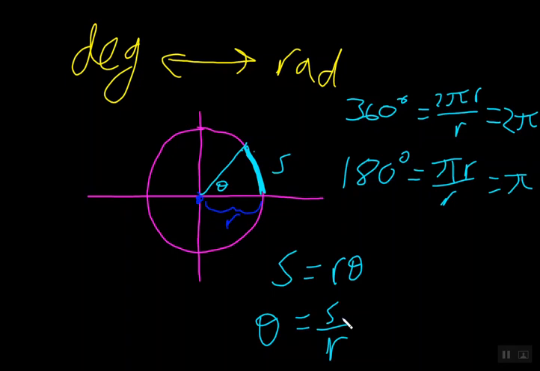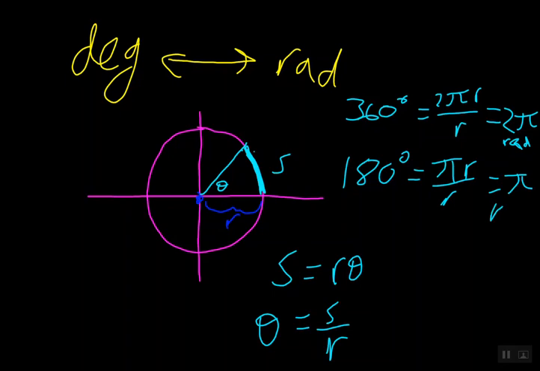These are radians. I'm sorry, so these are degrees, and this is radians. It's the projection of theta, essentially, and then divided by r. Or for a unit circle, the measure in radians is exactly the projection of theta onto the circle.